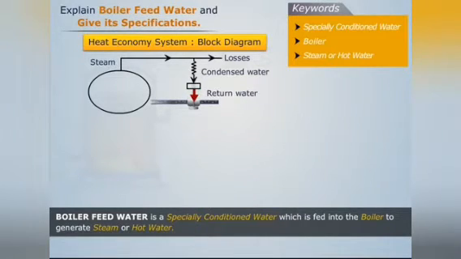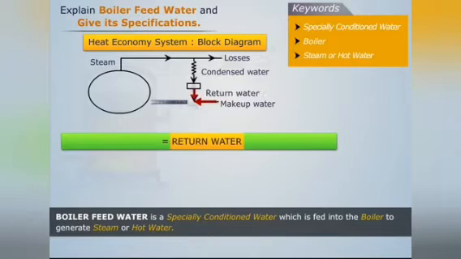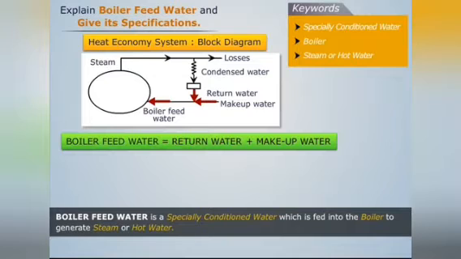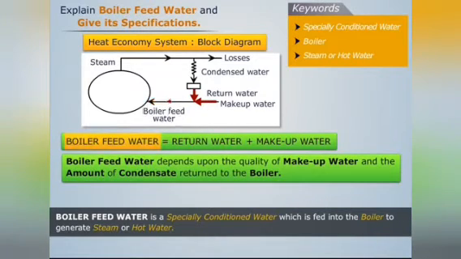Then some fresh water or make-up water is added to this return water. It is this combination of return water and make-up water which is fed into the boiler as the boiler feed water to generate steam. Note that boiler feed water depends upon the quality of the make-up water and the amount of condensate returned to the boiler.